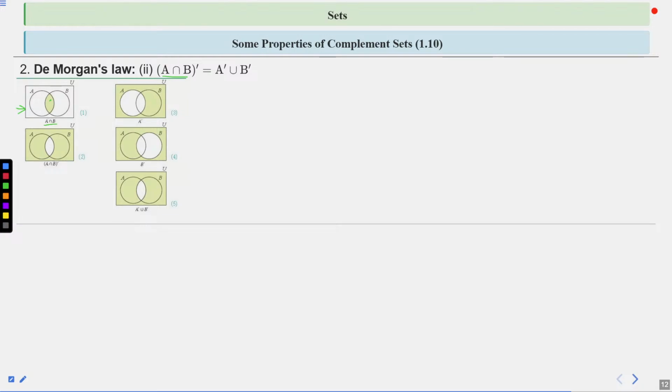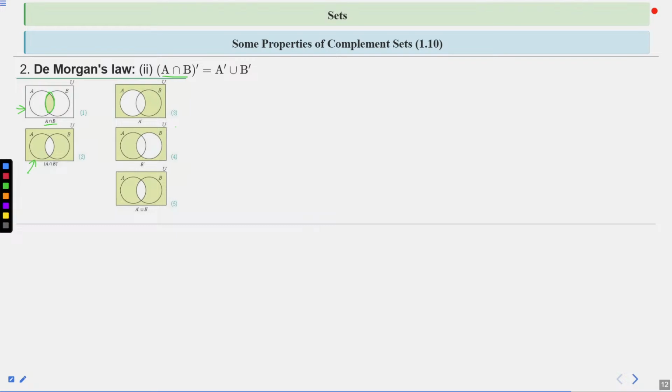So far so good. Now what about its complement? Simple. Complement meaning you have to shade area outside or apart from this shaded area but inside the rectangle. So apart from this shaded part, you have to shade. Clear? And we are getting this as our new shaded part.